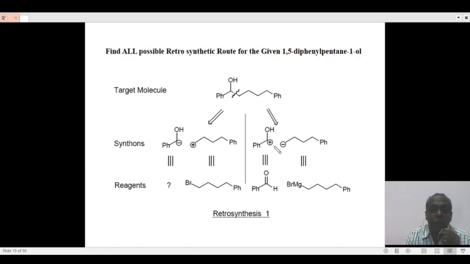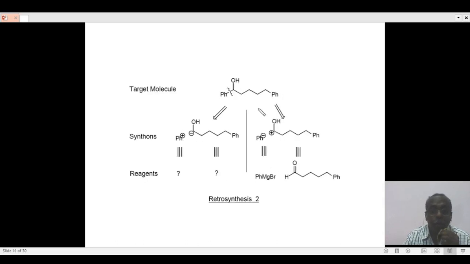Then in the other case, the carbon has a positive charge, and another carbon has a negative charge. These two ions are possible. Here one equivalent molecule will be benzaldehyde, another one will be a Grignard reagent. Due to the Grignard addition, you can get this target molecule. It is one synthetic route.